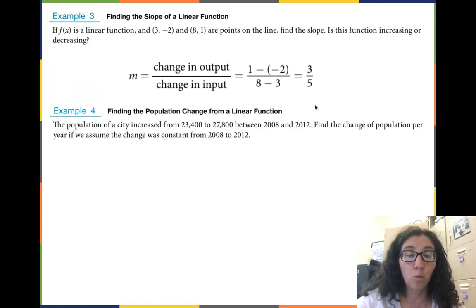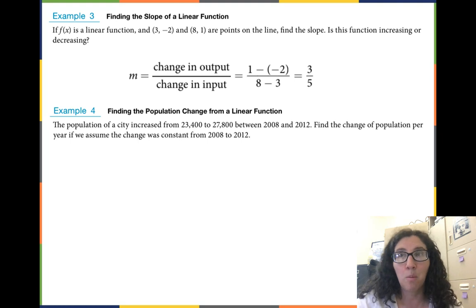All right, we could have a word problem. The population of a city increased from 23,400 to 27,800 between 2008 and 2012. Find the change of population per year if we assume that it was constant. Okay. Well, what's our input? What's our output? Our input is almost always time. So our input's going to be years, and our output's going to be the population, right?